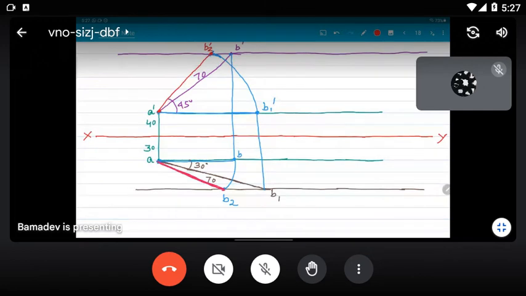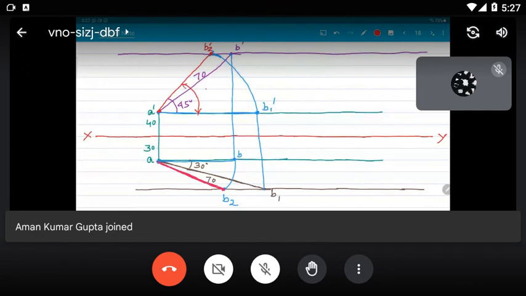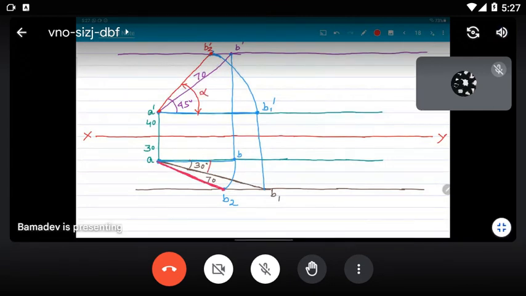Now you can say how much this angle is? Alpha. This angle is beta. Here A dash B2 dash is the front view, and AB2 is the plan or top view.